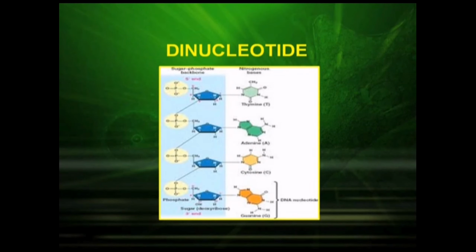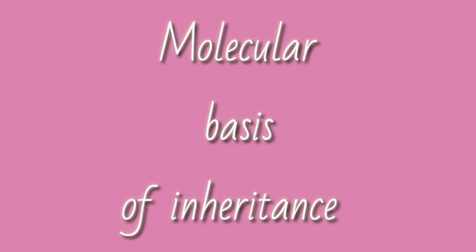As in the picture, you can clearly see the nitrogenous base is attached to the sugar. The sugar is attached to the phosphate group, and there is a linkage between the 3' and the 5' carbons of the two nucleotides. Now let's have a look at how the polynucleotide looks.